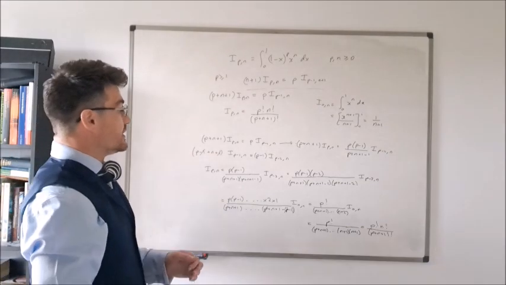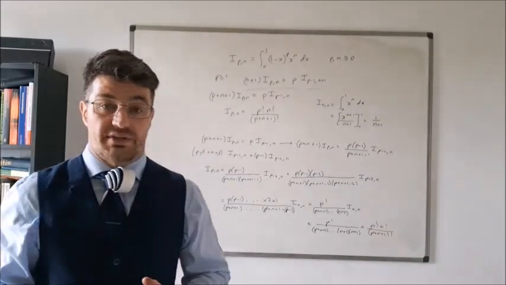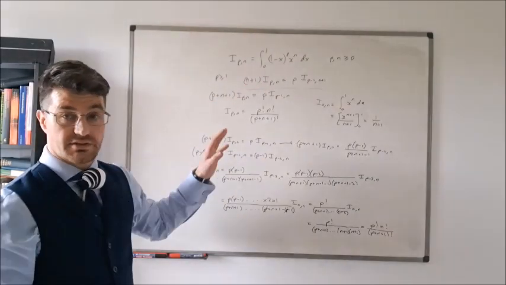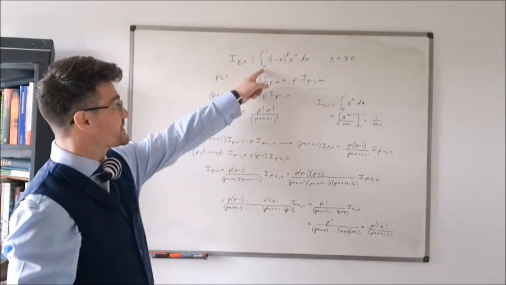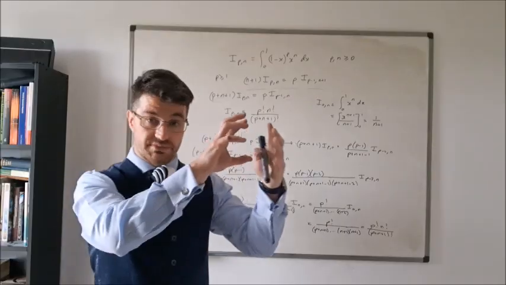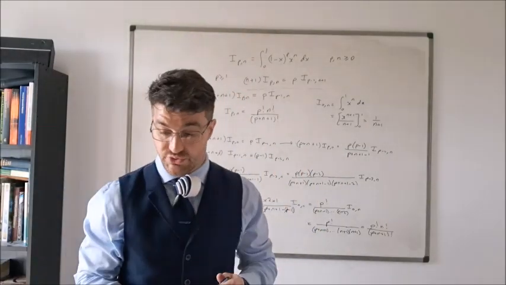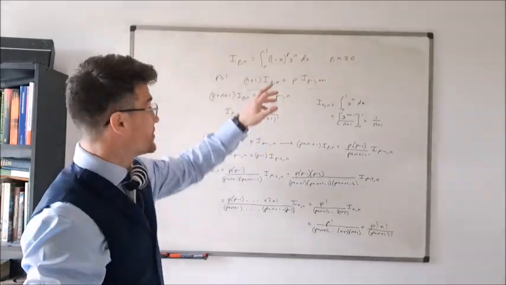Okay. So this is one of the great things about reduction formulae, is that you can take these really complicated integrals and you can gradually reduce them step by step. And you can do this to great effect with powers of trigonometric functions.